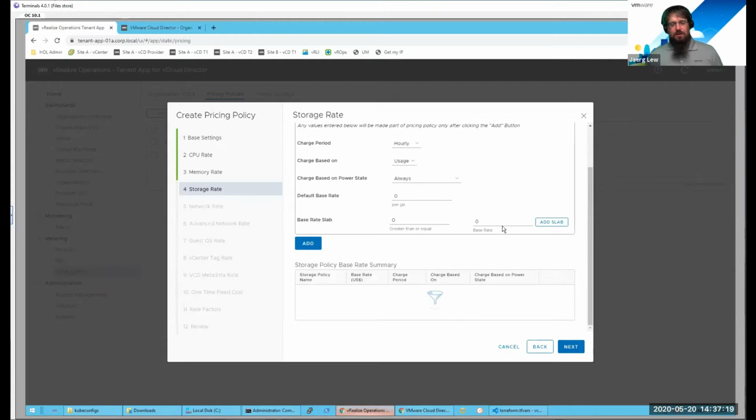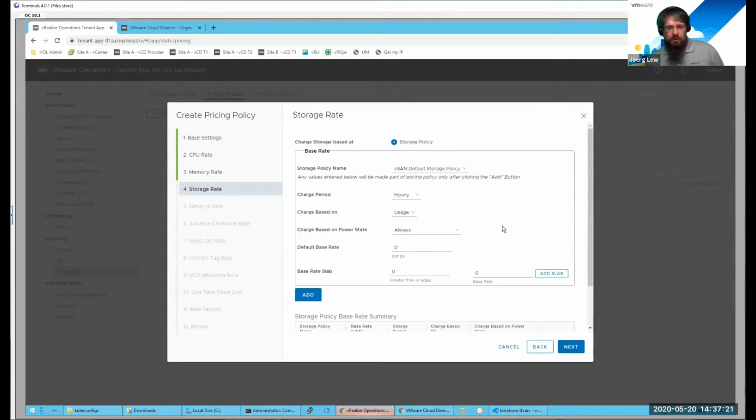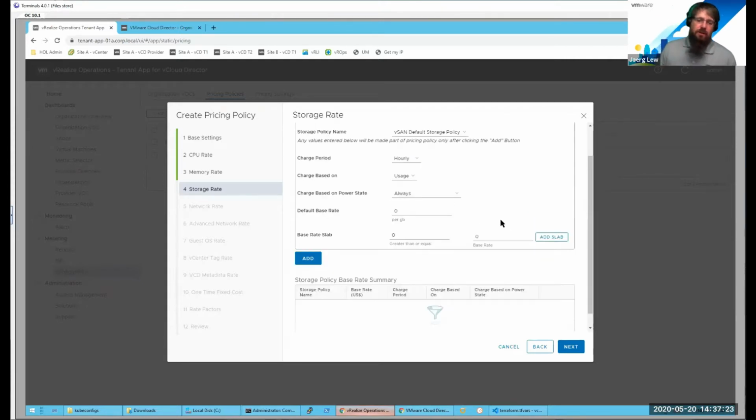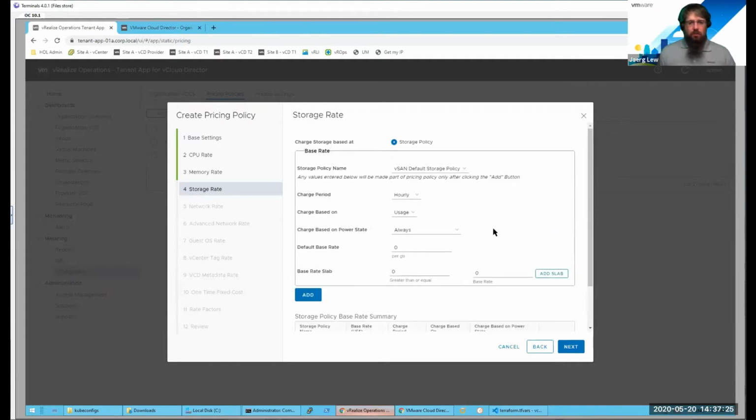Yeah, okay, for the storage policies, we also have the option, of course, to charge based on storage policy. So you can define different price points or price rates depending on your storage tier or storage level that you offer to your tenants. Okay, and that's already filling out the policies that are available based on what's available from the provider page, the PVDCs?